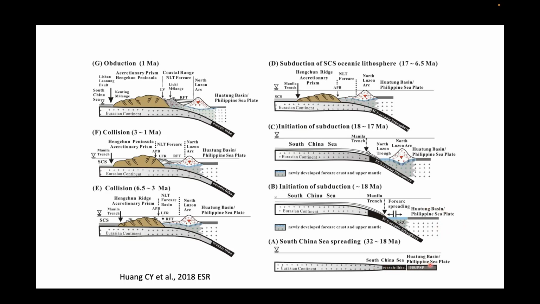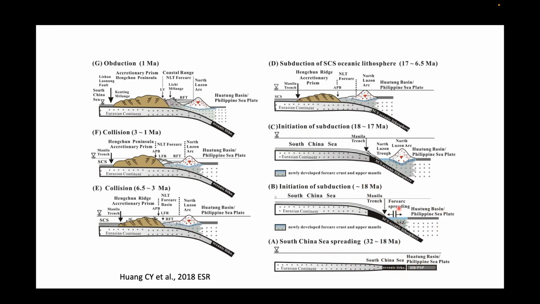In the beginning, a long time ago, 32 to 80 million years ago, the South China Sea started to spread, and so it formed a mid-ocean ridge and some fracture zones. And about 80 million years ago, the plate motion changed, so some of the fracture zones started to become a subduction system.